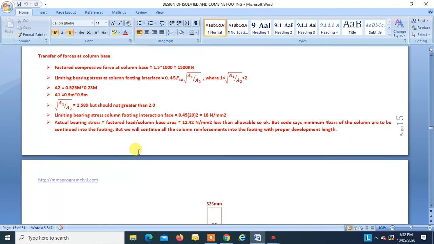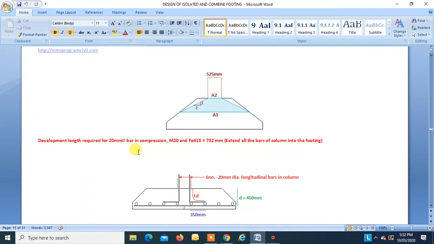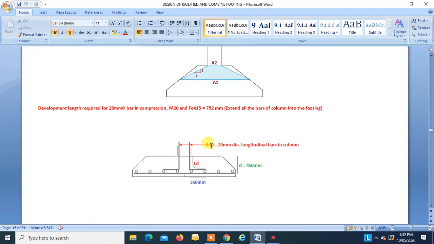But in our case, we will continue all the six longitudinal bars of the column into the footing, which is a regular practice. All the longitudinal steel of the column is continued in the footing for a length equal to the development length. If it is greater, it's good, but at least this length should be Ld.